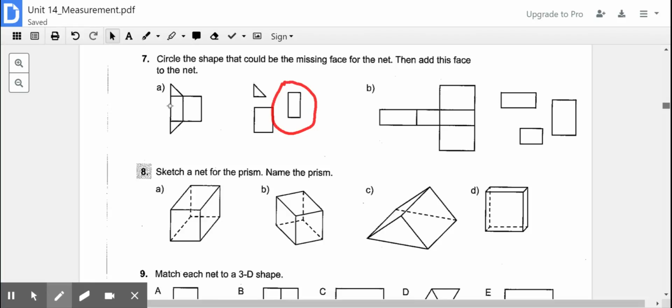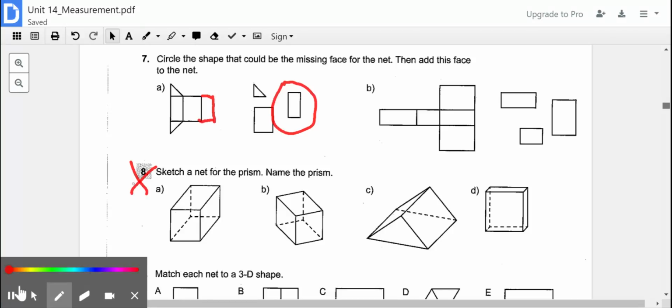And that one there would connect on this side here. Okay, so I could put it on this side here or on this side here. Either or would give me the correct answer. If I put it all together, that's what it would look like. Do B. We're going to skip 8 entirely, and we're going to move on down to 9.